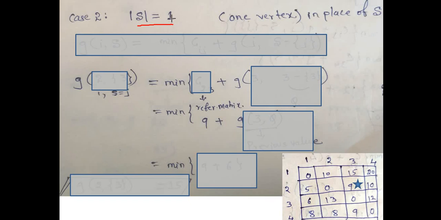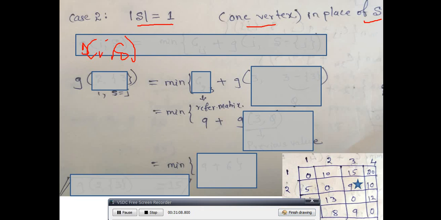Now case number 2, mod S is equal to 1. Means first stage, one vertex. 1 represents what? One vertex. Where should we write? In place of S. What is the formula? So g(i, S), this is our formula.